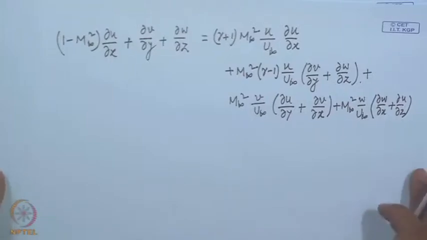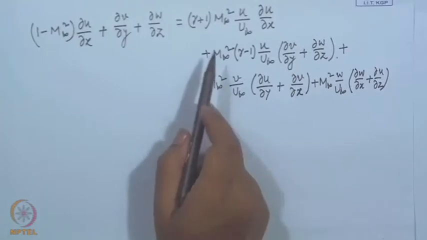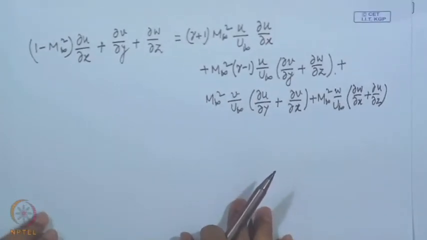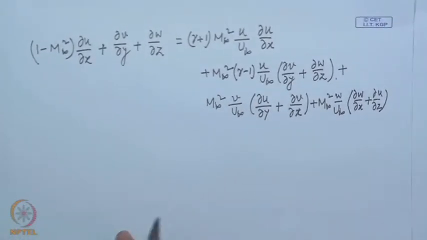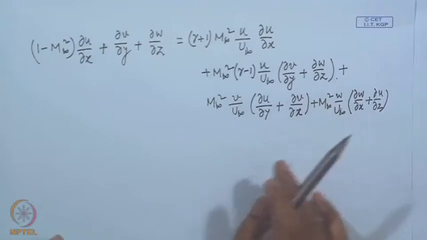And we neglected the entire right hand side for linearized subsonic and supersonic flow, where we said that the perturbations are small and consequently these terms are also negligible.